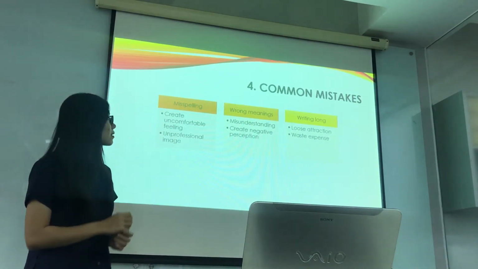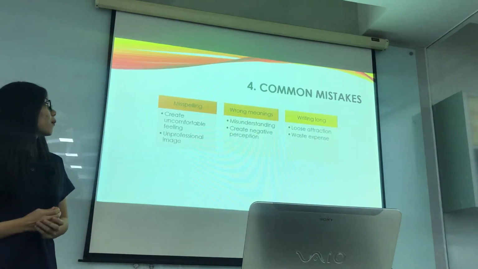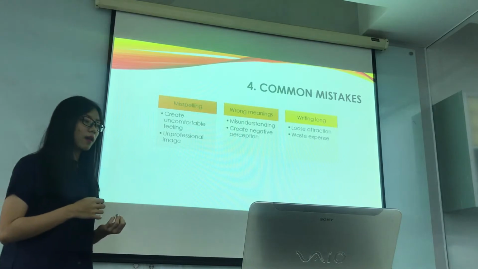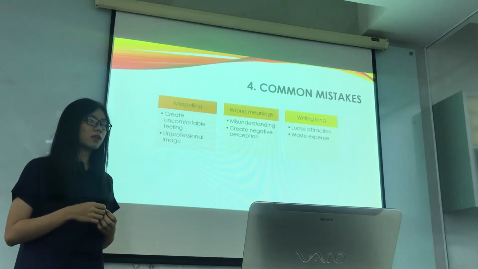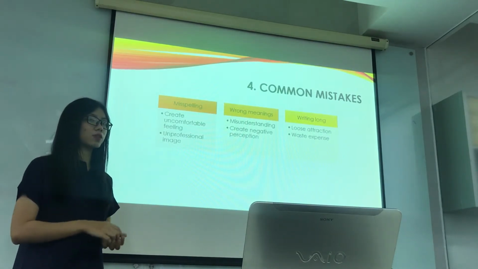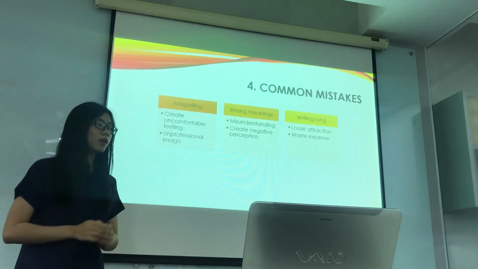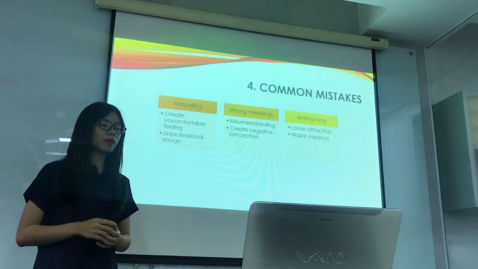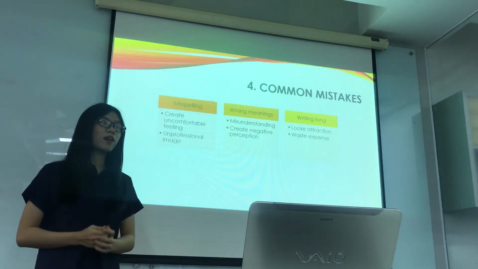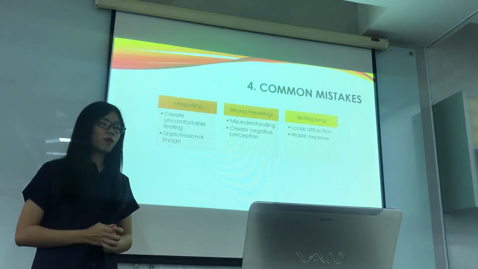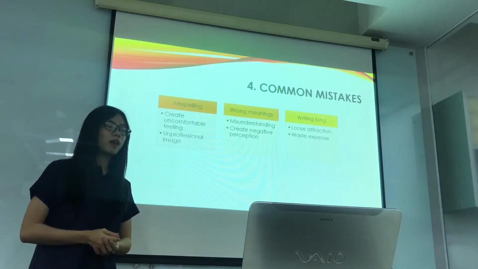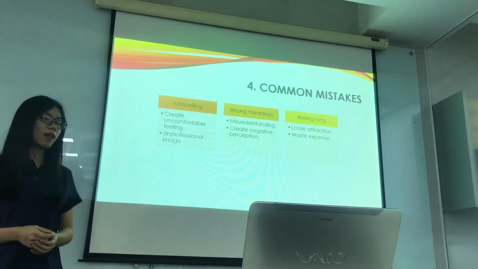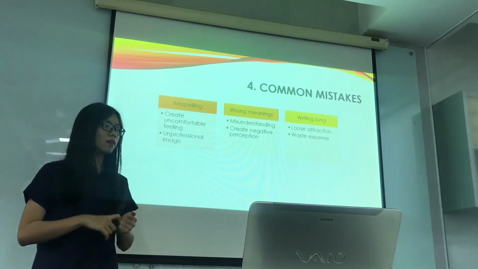And the second is wrong meanings. Wrong meanings are affected by many elements, and most of them are cultural. There is a simple example for you. When you sell a table for kids, you have many colors for the product, like black or white or yellow.